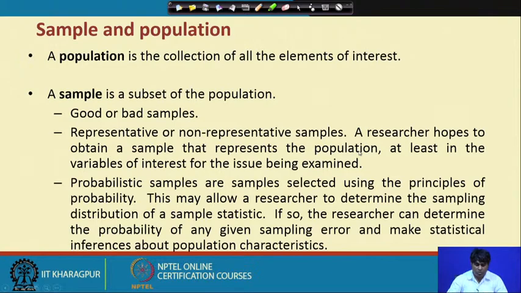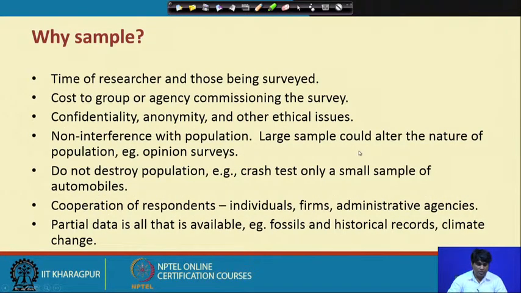So, let us see what the process is. First of all, why samples? A sample is a very good representative of the population to give some comments. It also relates to confidentiality and other typical issues like ethical issues, non-interference with the population, and the fact that a large sample could alter the nature of the population, like in opinion surveys.